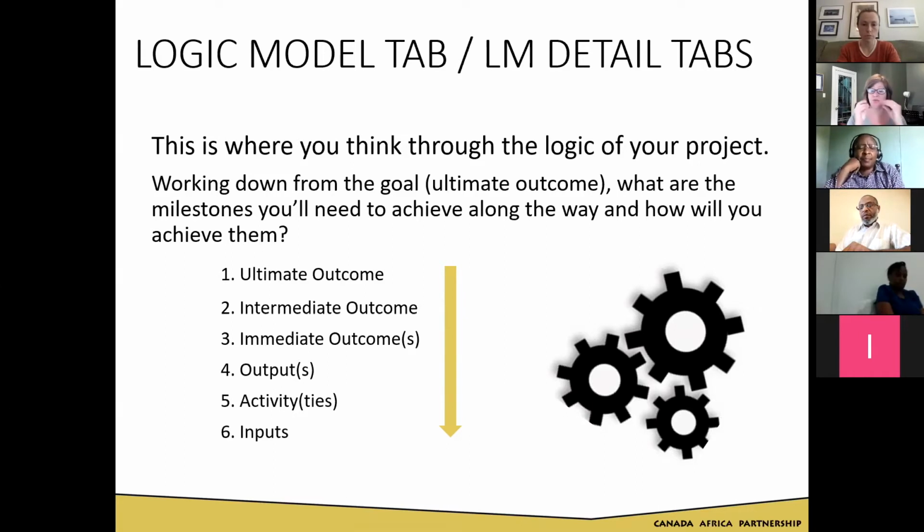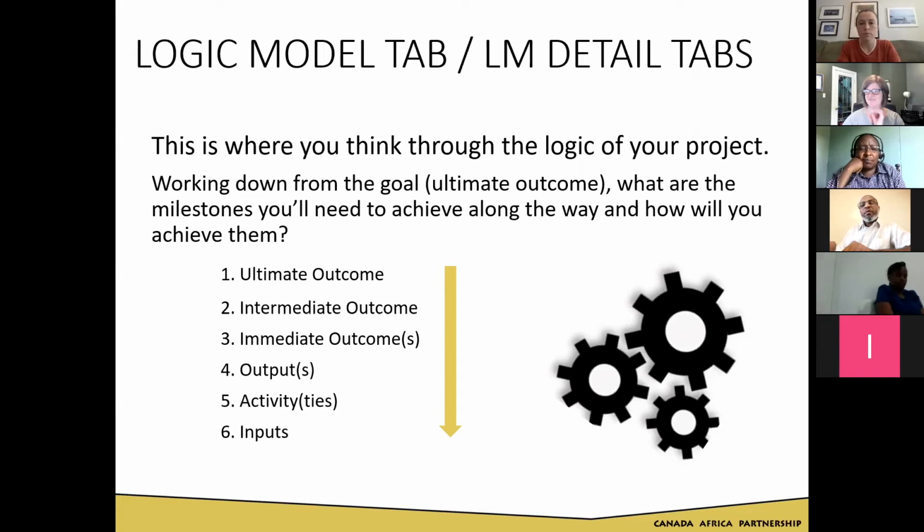Activities are the work that you do. So these are the tangible things that you and your project are going to do along the way. And inputs are the things that you need in order to do that work.